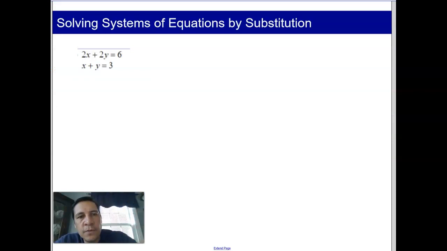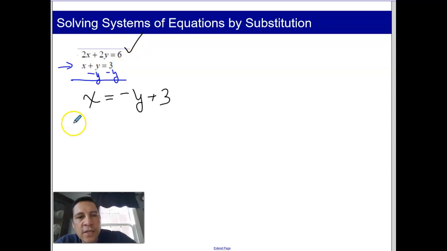Okay, last example here. I am going to isolate x in this equation here. You could isolate y, it really makes no difference. I find out that x equals negative y plus 3. I'm going to go back to the first equation, take out the x, and put in negative y plus 3.